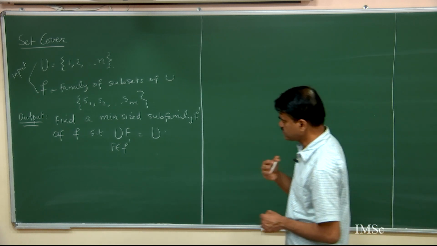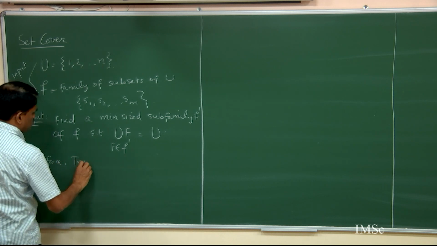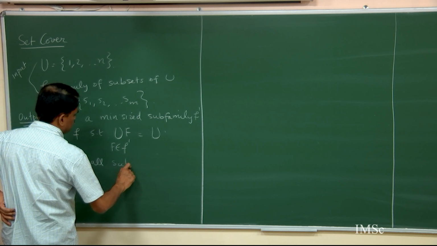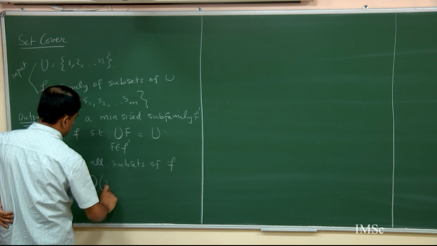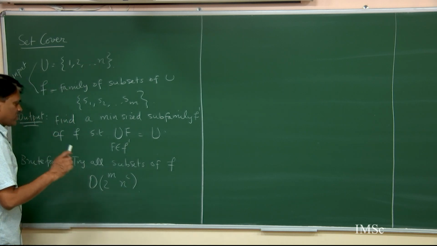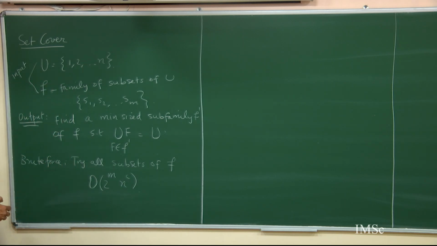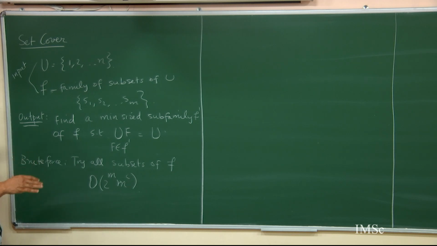And so, how much time will that take? Right. So, this is like order 2 power m times some n power c, because you are just looking at the union of the sets in the family. Yeah, maybe even m to the c for all you care. It could have up to m sets, just take their union, see whether it covers the entire set.